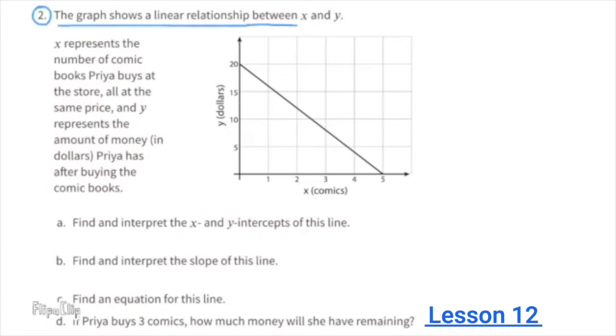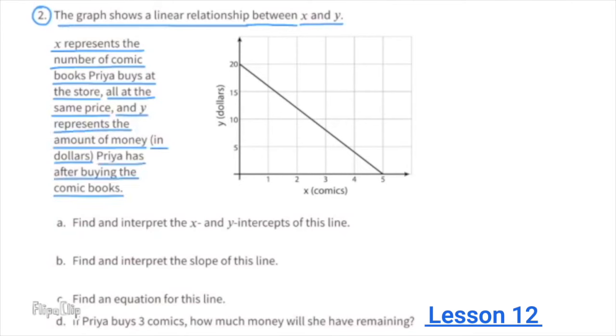Problem number 2. The graph shows a linear relationship between x and y. X represents the number of comic books Priya buys at the store, all at the same price, and y represents the amount of money in dollars Priya has after buying the comic books. A. Find and interpret the x and y intercepts of this line.